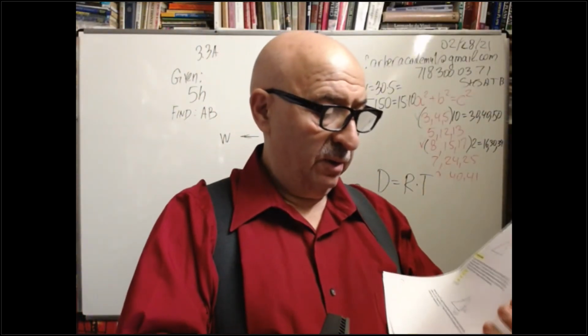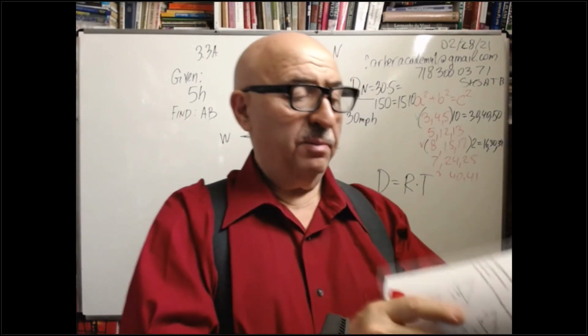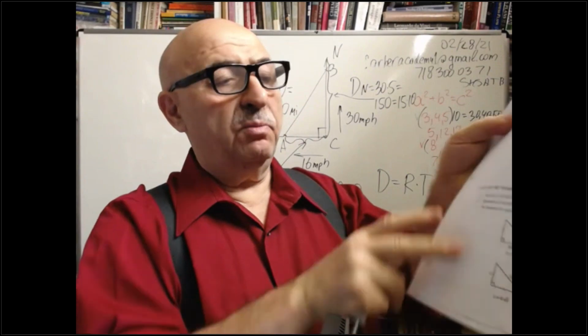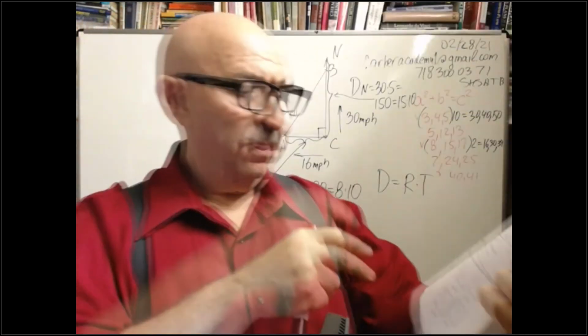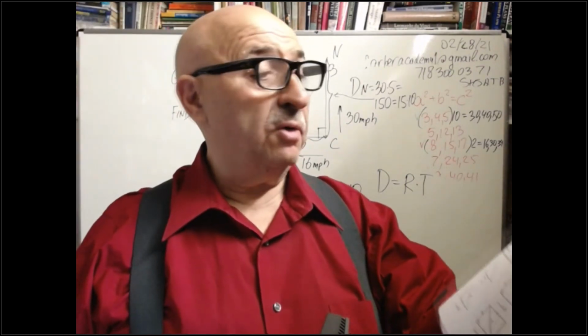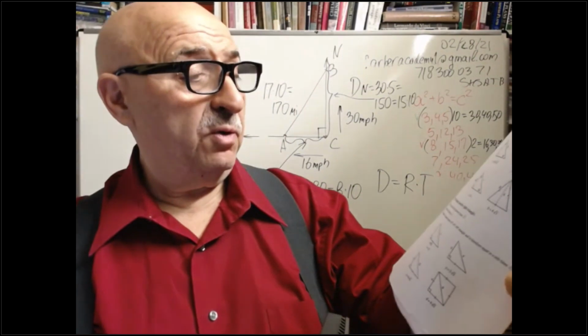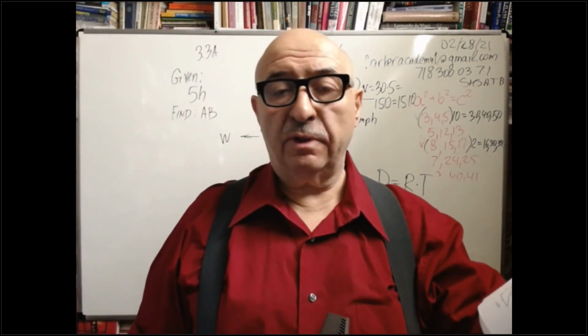And they give you special triangles. My recommendation: you can read this, but don't memorize this stuff. You don't need this. My request, less memorization. You can solve this problem using the Pythagorean theorem without memorization. The square root of 3, square root of 2, you don't need this stuff.